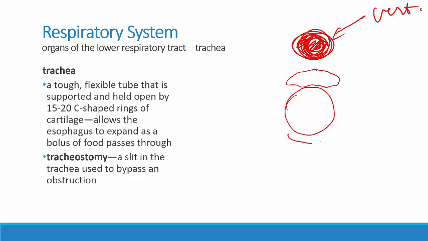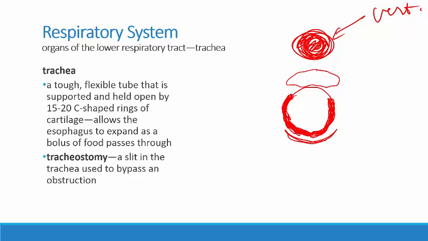And then up here is the skin of the neck. So the cartilage itself is kind of embedded in the animal body. It's there inside of a layer of muscle, so it's all kind of connected into the tube itself, and it's got a C shape.